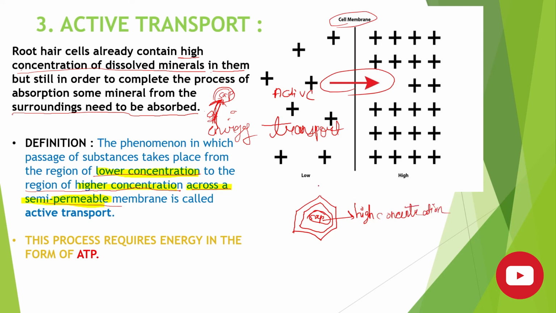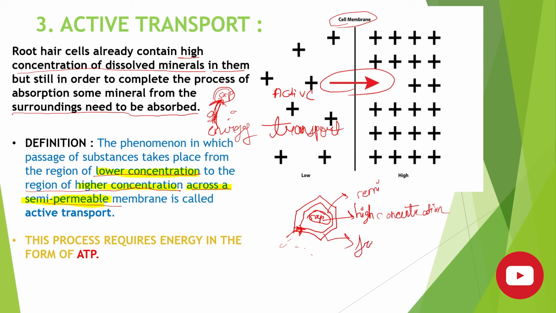Now, this is the surroundings, which consists of water particles, soil particles. Now, water has already reached the cell wall. Water has already crossed the cell wall through the process of diffusion. The cell wall is freely permeable and the cell membrane is semi-permeable.